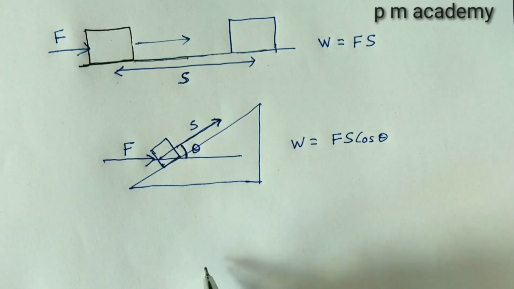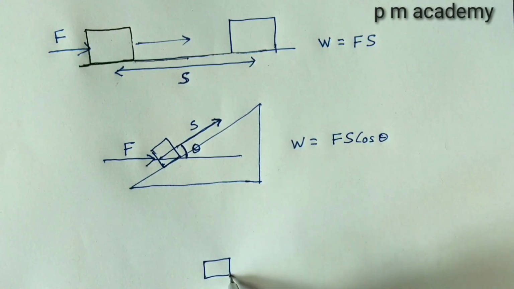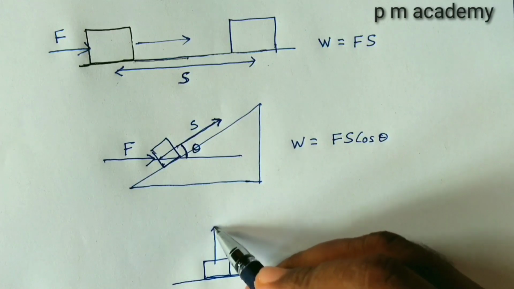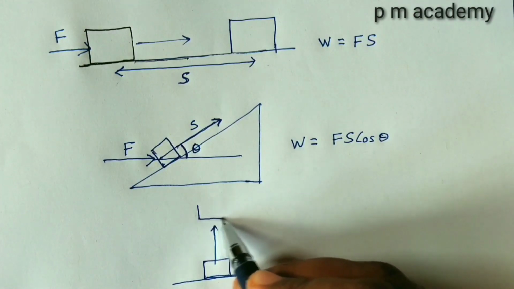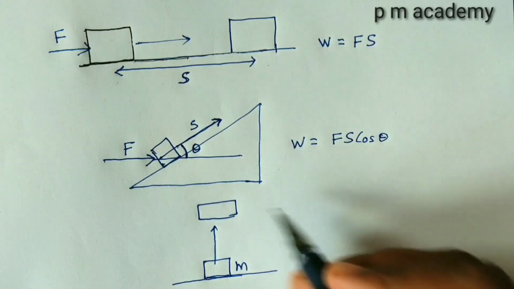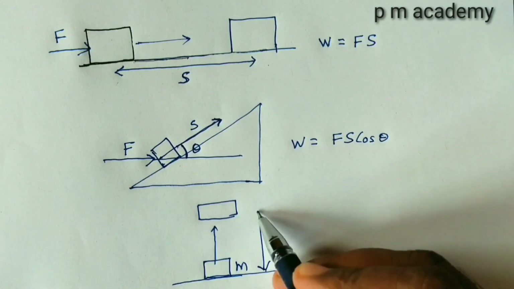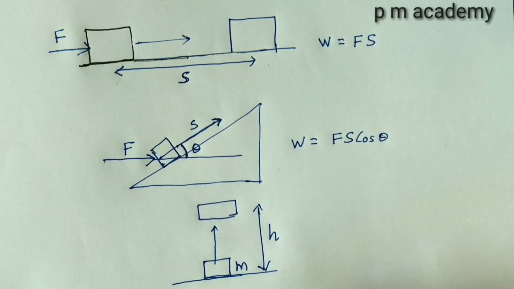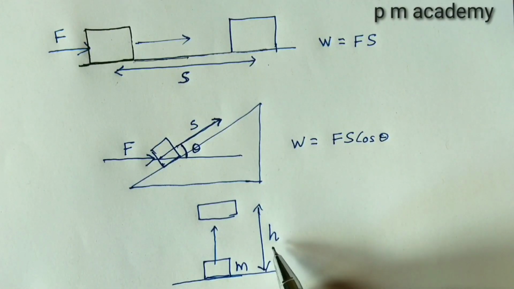Then if you are raising an object, it is an object with a mass m placed on the floor. If the object is raised to a particular height, we can take the height as h. The object of mass m is raised to a particular height h.